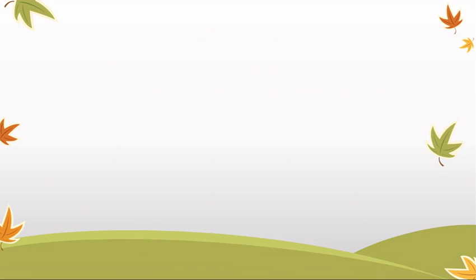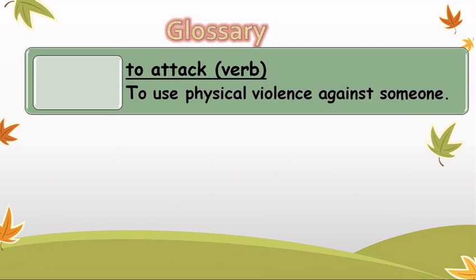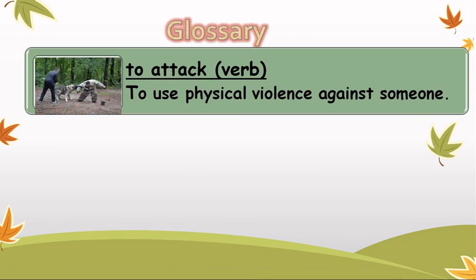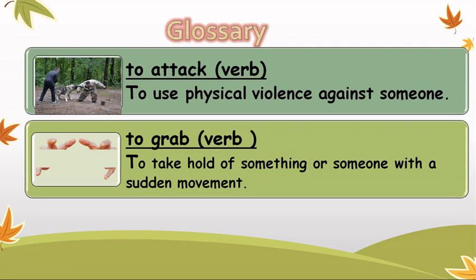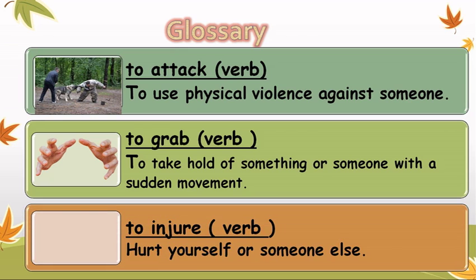Number 4. To attack. It means to use physical violence against someone. Number 5. To grab, and it's a verb. To take hold of something or someone with sudden movement. Look at the hands. It's trying to grab something, to take something, okay? To injure.